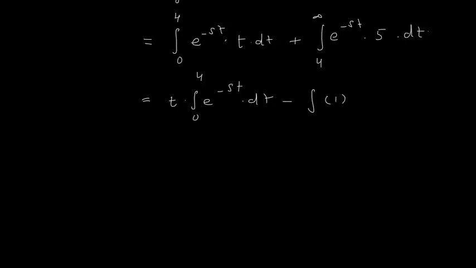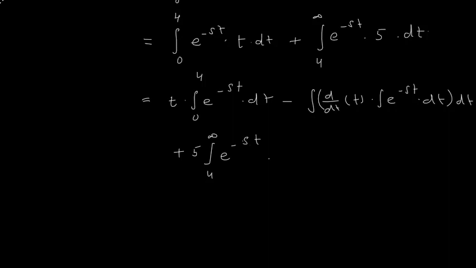In short I am writing derivative of t is 1, or else if you want you can write completely, d by dt of t into integration of e raised to minus st dt, this whole dt. Then I have plus 4 to infinity e raised to minus st into 5, so that 5 is a constant, so let us take that 5 common, so integration of e raised to minus st dt.